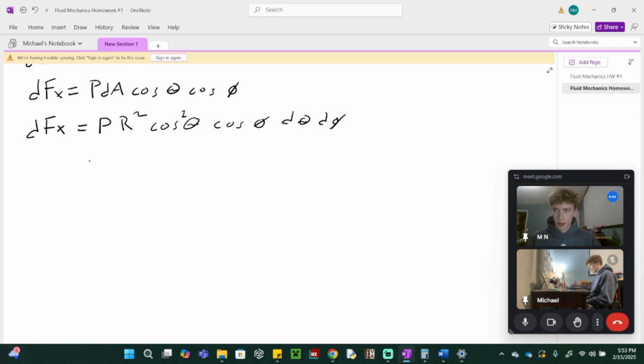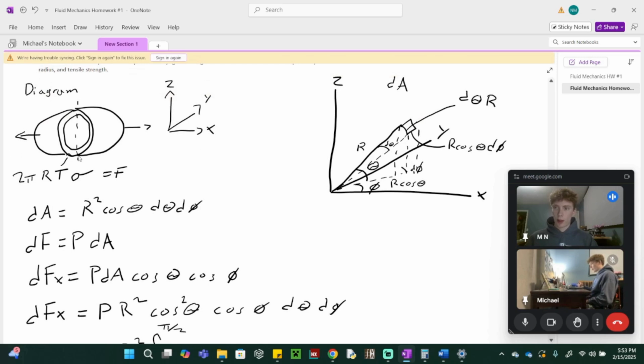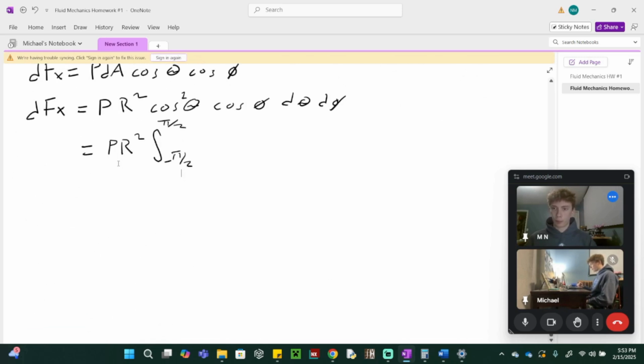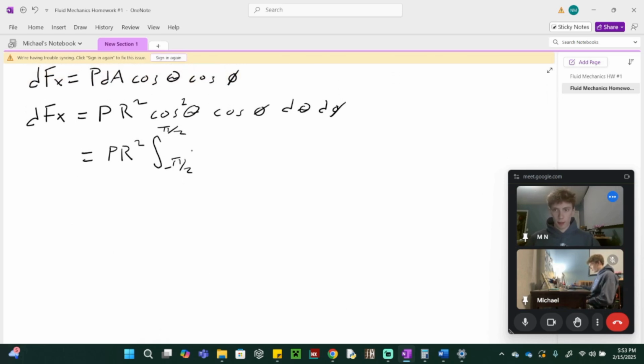So we get, these two are constants, so we get P and r squared on the outside, times the integral from negative pi over 2 to pi over 2, because once again we're looking from here at the bottom of our sphere to the top, of cosine squared theta d theta, times another integral of cosine phi d phi from negative pi over 2 to pi over 2.